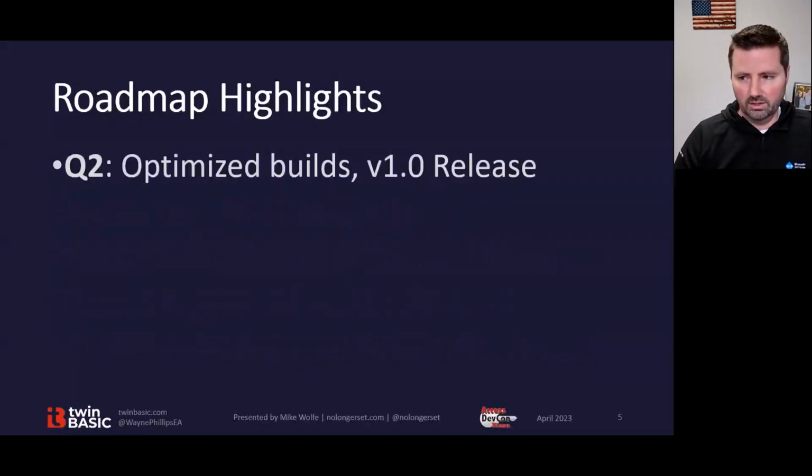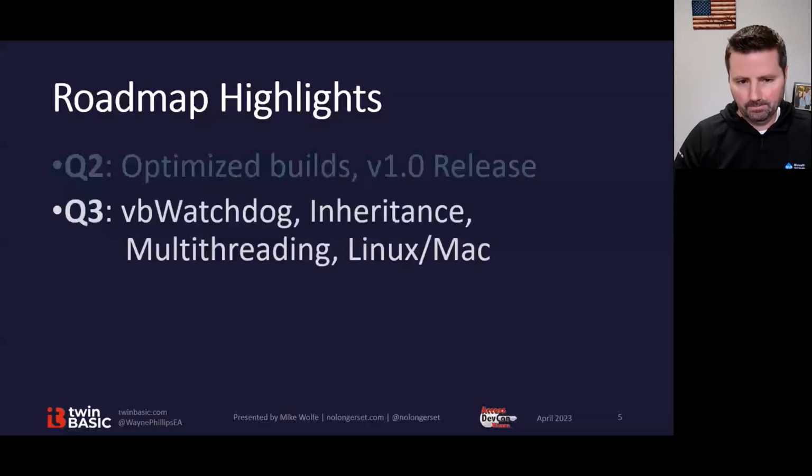So here are the roadmap highlights. The rest of this quarter, I think Wayne is focused on doing those optimized builds, getting to a version 1.0 release. In quarter 3, there are some other things, but the highlights are VB Watchdog, adding inheritance, full inheritance, and multi-threading.